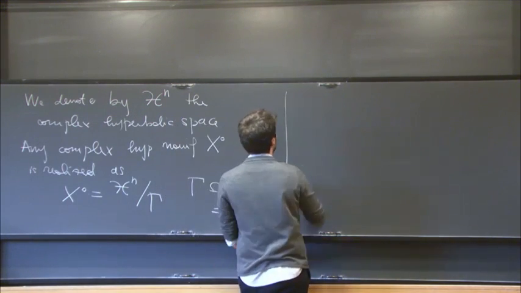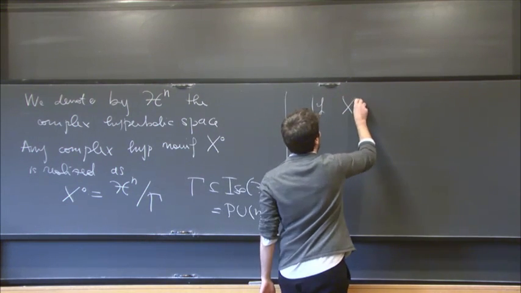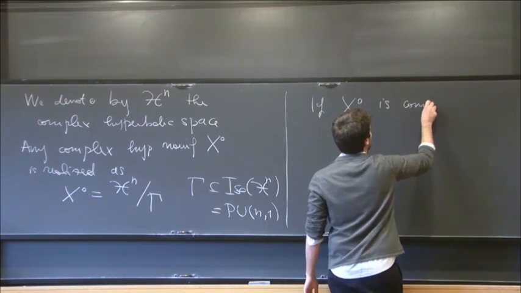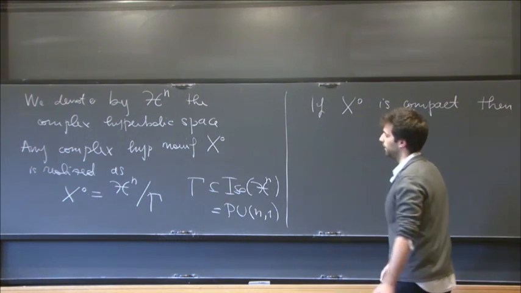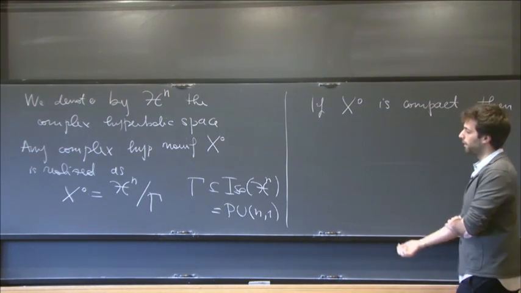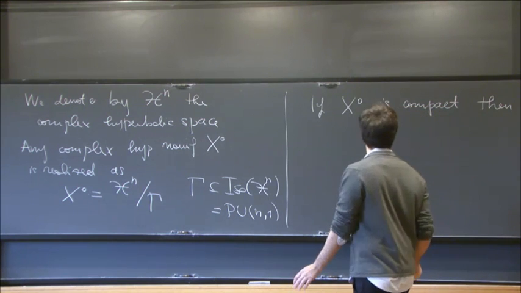If X naught is compact, then this is a smooth variety with ample canonical class.